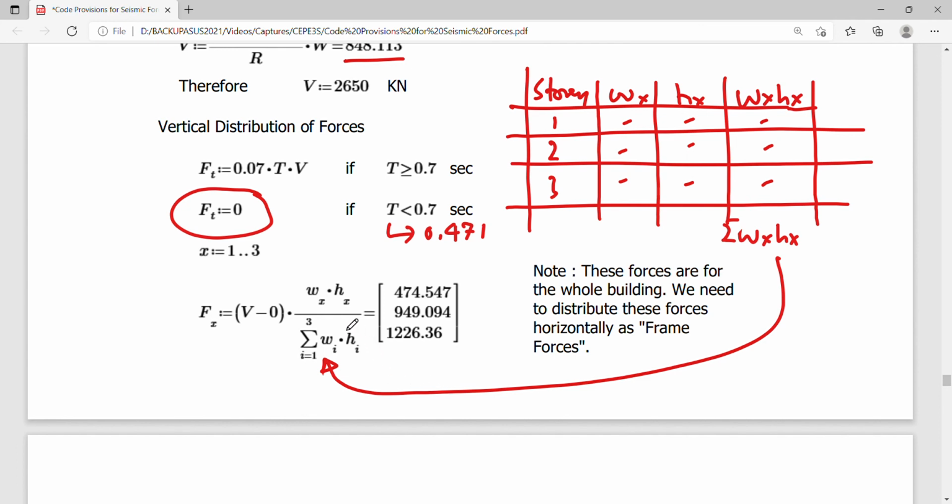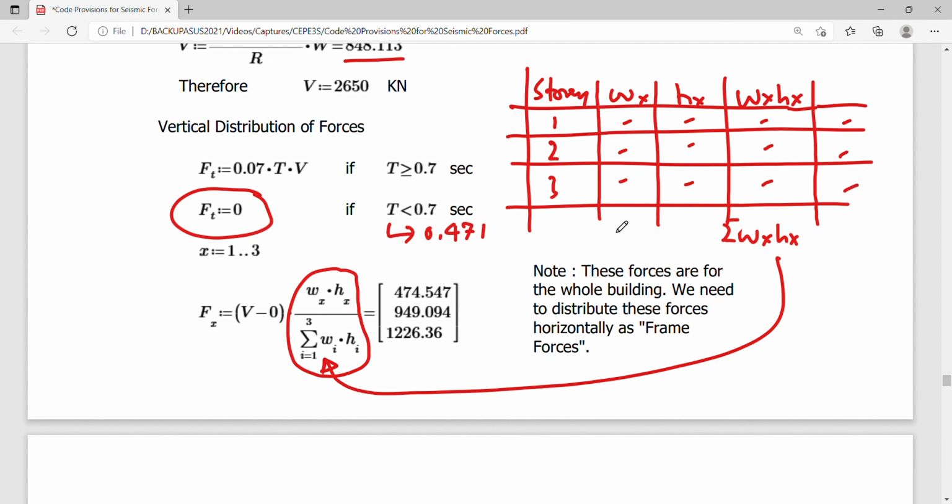So this is the denominator upon which your factor will then be computed. So this is actually a coefficient or a factor. Okay, so you just divide this first value with this summation, and then this second value with this summation, and this third value with this summation, and you get these factors here.